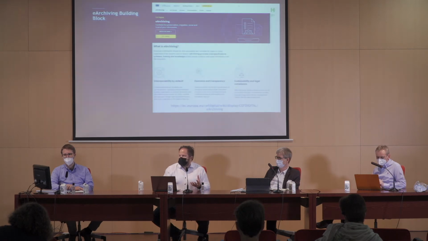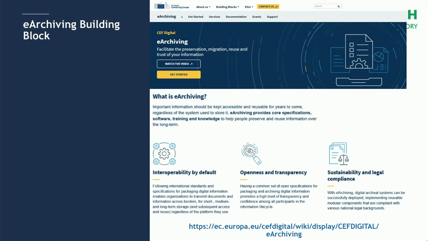But first, let me introduce the e-archiving building block, where this is now a reality. The EARC project evolved and became a building block for the European data communication framework, so that all the nations can actually start working on the same platform using these building blocks like e-signature. So if I e-sign in one country, it's valid in the other.